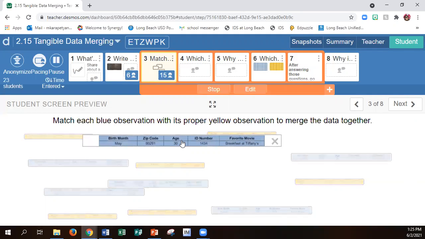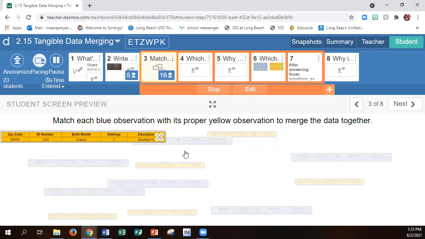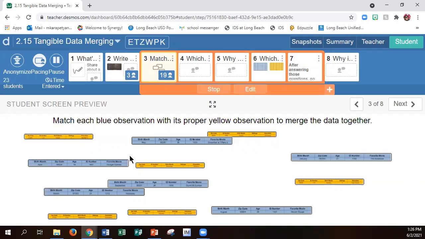You can click on the strip and it'll make it bigger for you to read through. Read through the information that you have for this person, and then you're going to try to match up which yellow strip would be from the same person as a blue strip. Yes, exactly, matching the same people. Every blue strip matches to one yellow strip.